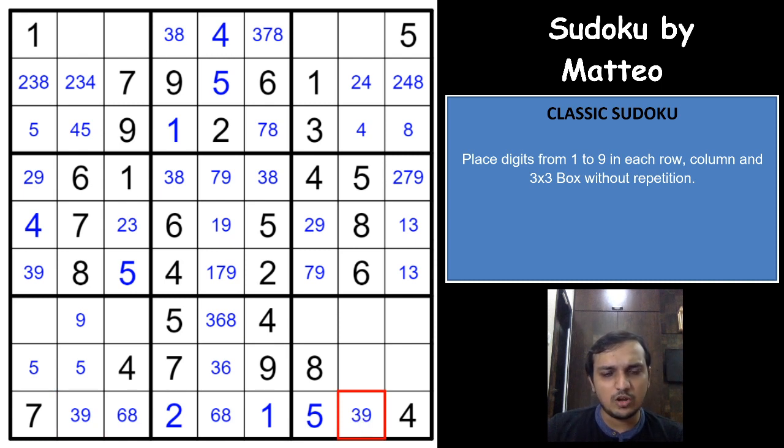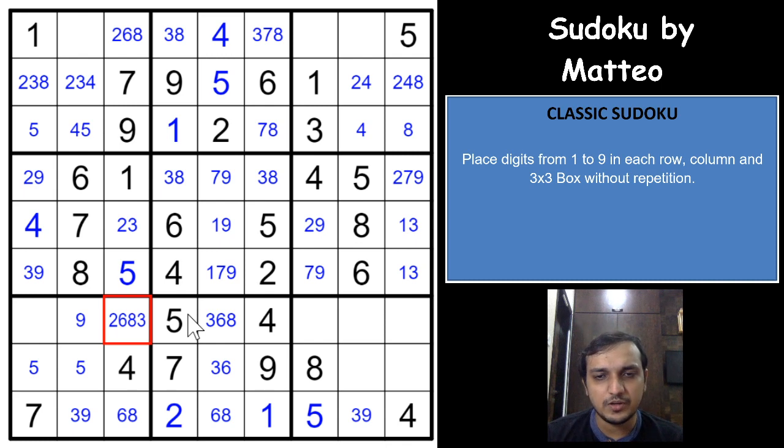And now if you see column 3, 2, 3, 6, 8 are the remaining digits, so 3 cannot be here, 2, 6, 8, and this would have to be 2, 6, 8 again. Okay, 2, 3, 6, 8, all the 4 digits would be here.